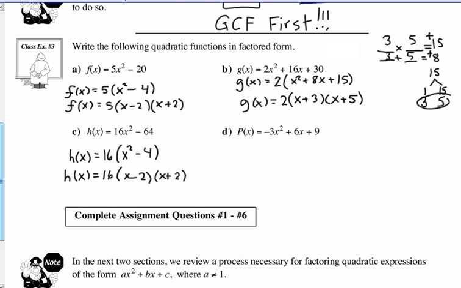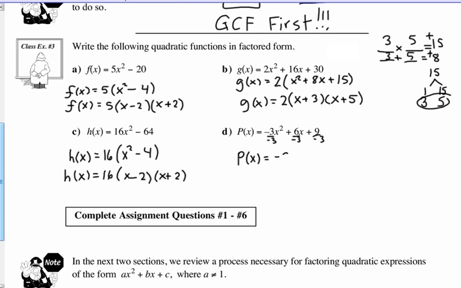Okay, next guy. Here's a little tip. We never want to have a negative with our x squared. So what number will go into 3, 6, and 9? 3. But we're also going to bring out the negative here. So we're going to actually factor out the negative 3 as well.